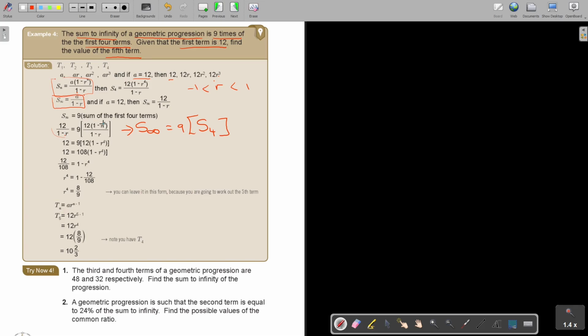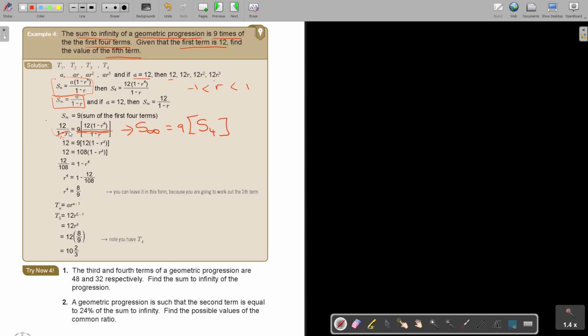Now, just remember, let me think where it will be better. Okay, so this is over this, over this. Now, do you see that the denominators are the same? If the denominators are the same, it's almost like we multiply with 1 minus R on this side and 1 minus R on this side.